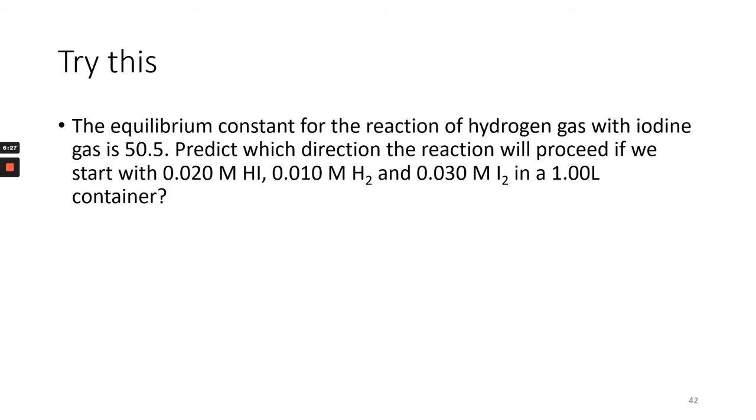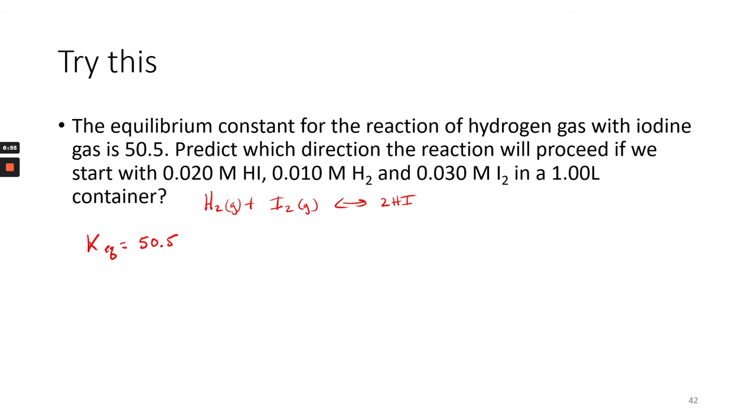So here we have a reaction between hydrogen gas and iodine gas, and we are making hydrogen iodide, and you have to balance it. Okay? It says that your equilibrium constant is 50.5.